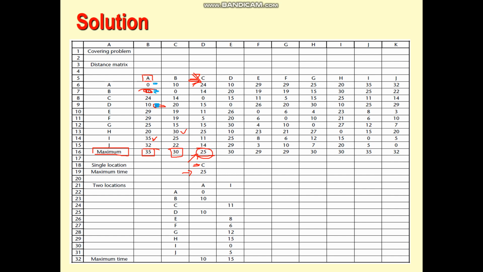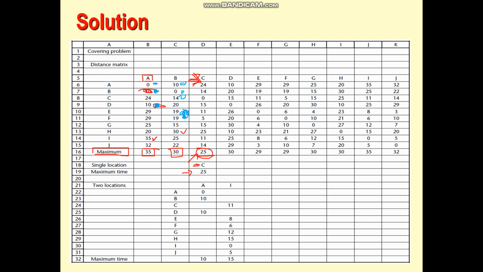If we locate our facility in B, we can satisfy the customer in A, in B, in C, in E, in F. Sorry, not in E and F because it's already over 15.